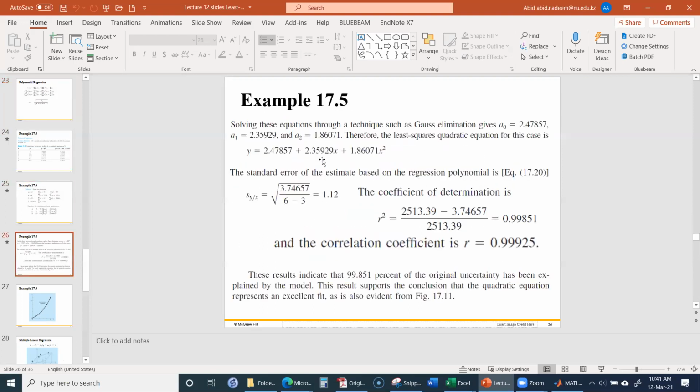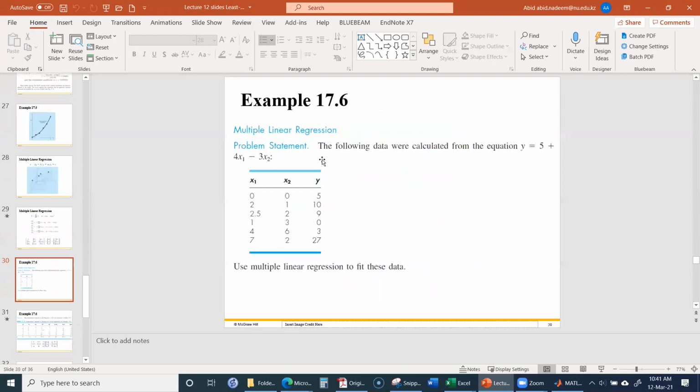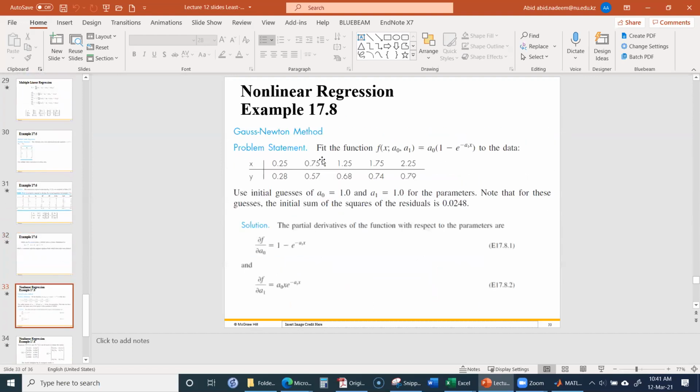But for the non-linear case, when we don't have any polynomial, when we have something like an exponential function, that means we have data which is not fitting the polynomial very well, and which is not fitting the power series or the line very well. So we have to fit it to the exponential data.